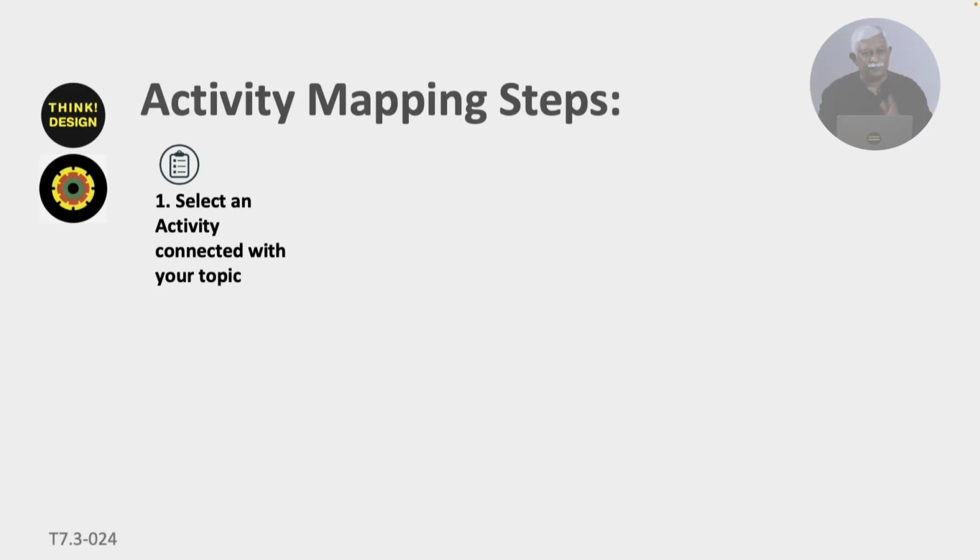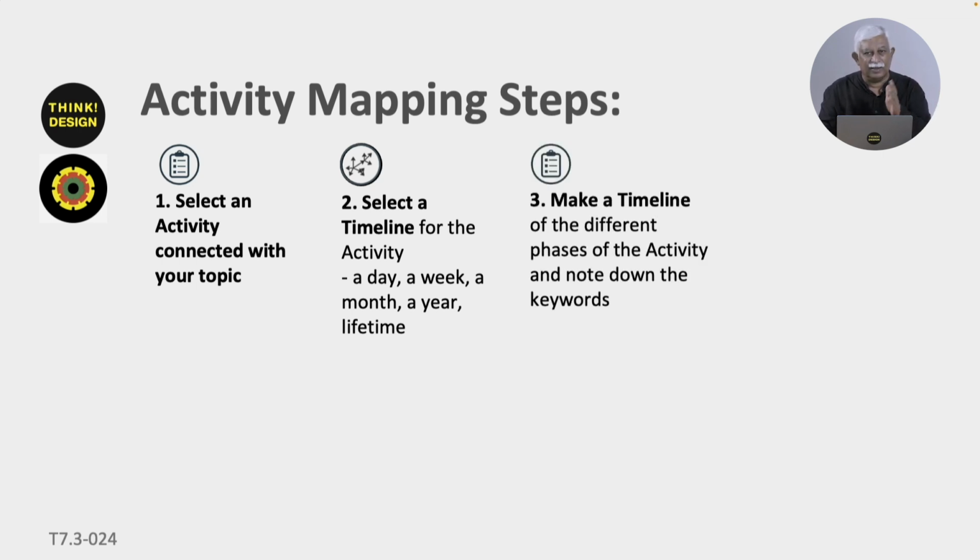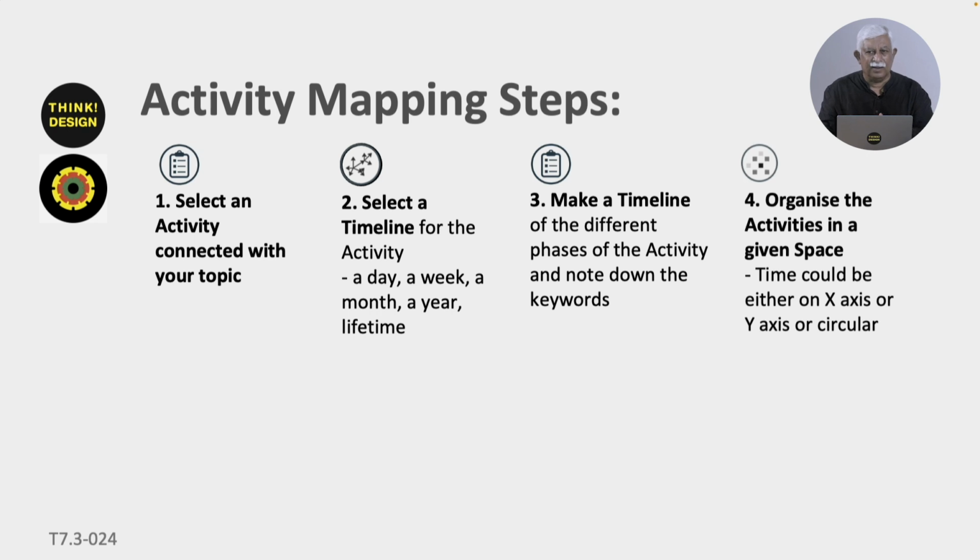So, the steps are: you start with an activity connected with your topic. You need to select a timeline, whether it's within a day or a week or a month or a year. You need to make a timeline of the different phases of the activity. Note them as keywords, and organize this according to a given space.